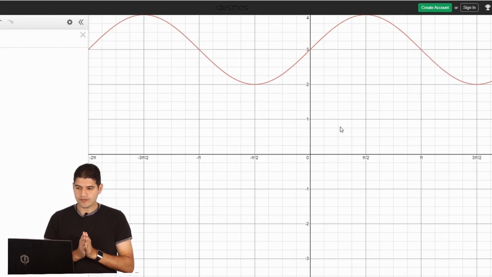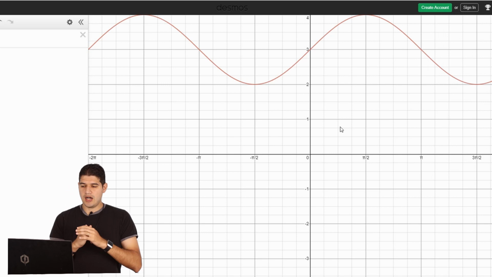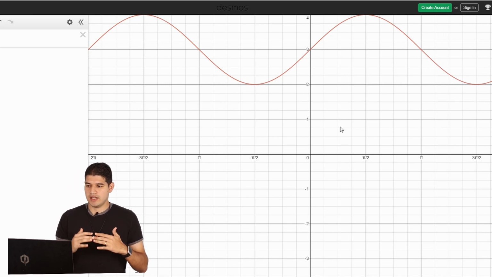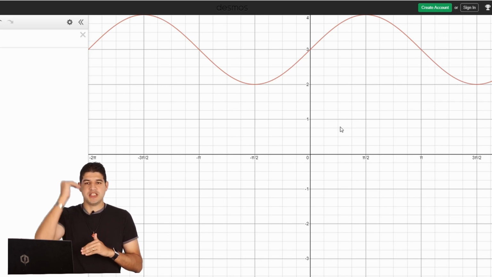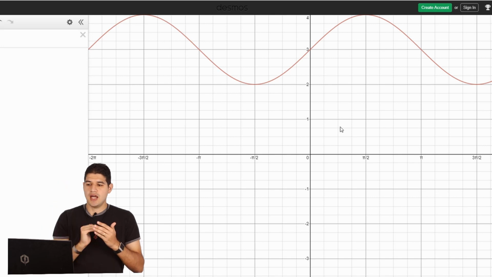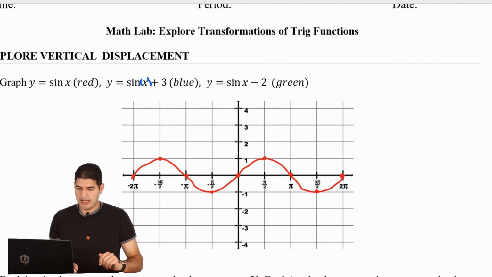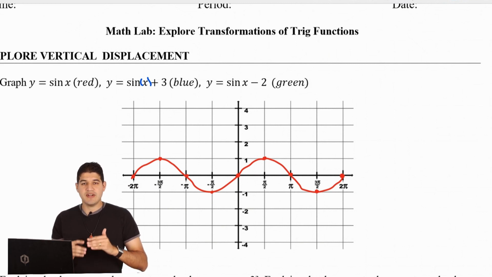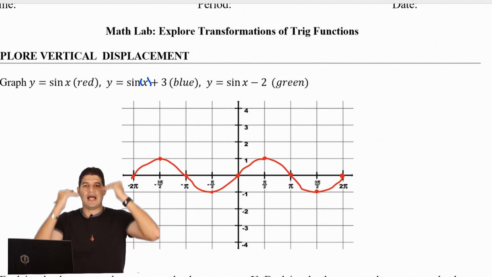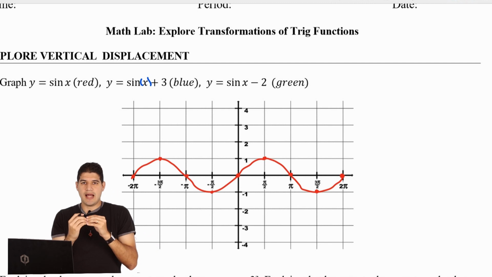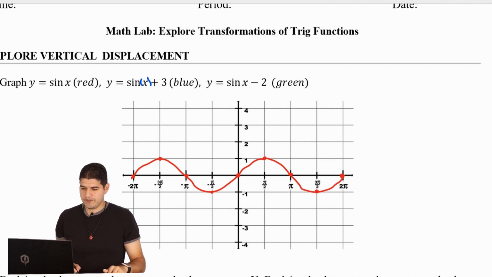Okay, so we see here, you could be talking about it right now, that we're shifting that sine of x function up 3 times. So basically what I'm doing is my sine of x function, everything got added 3. All the y values that we were at got added plus 3. So here was at 0, so now I'm moving it up 3 times.